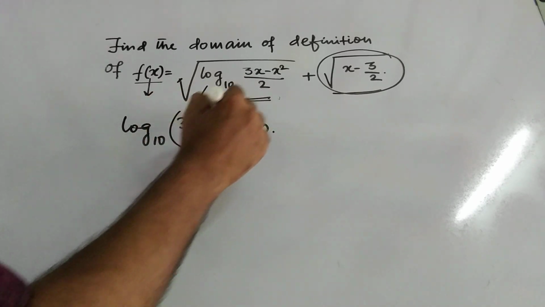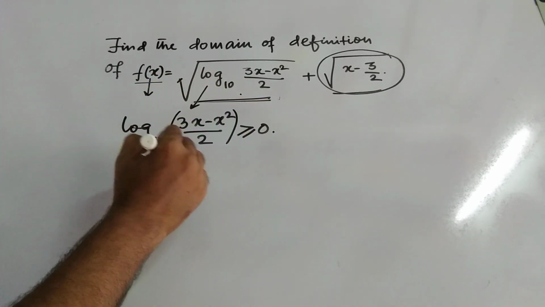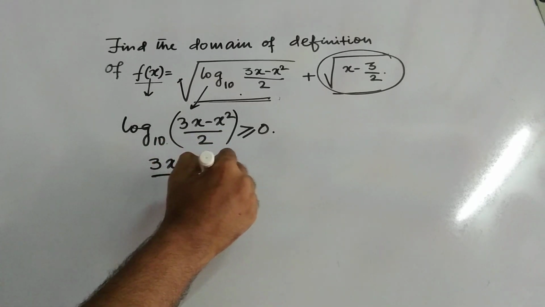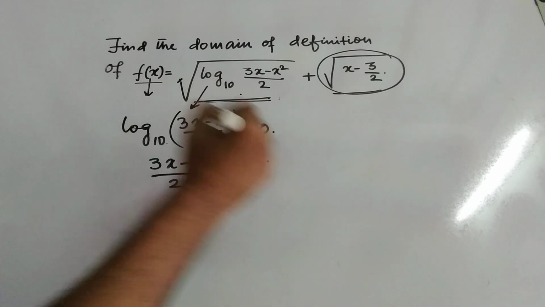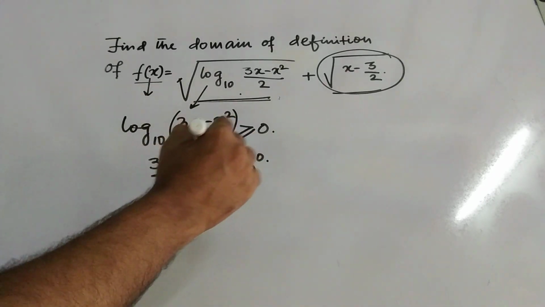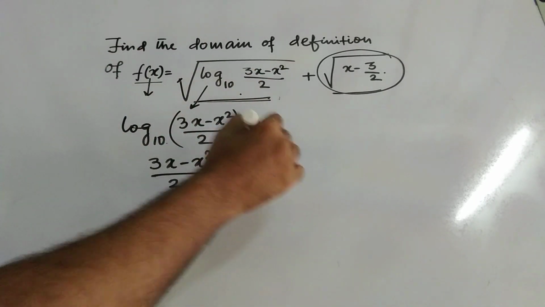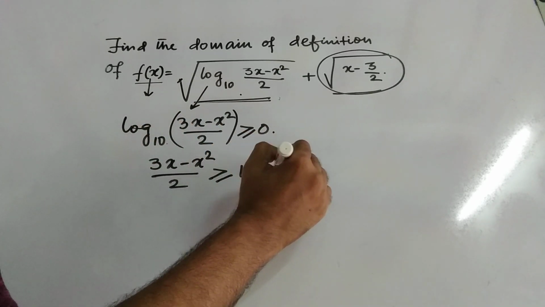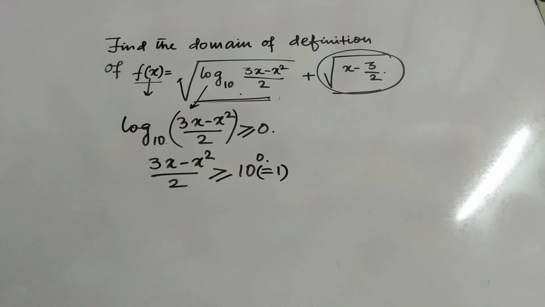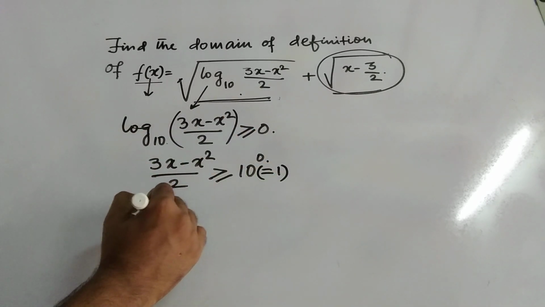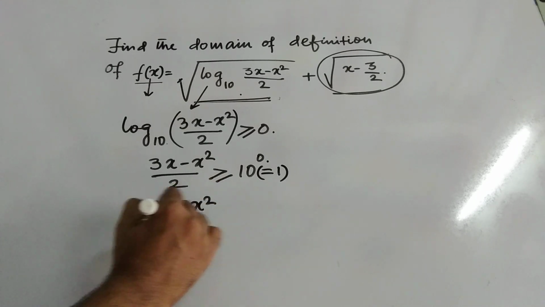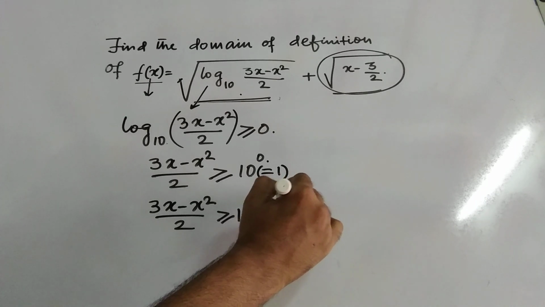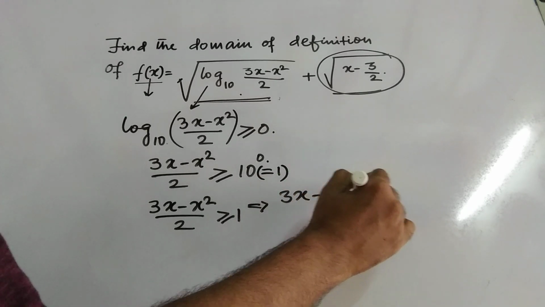Now we know that if we take log with base 10, that means (3x − x²)/2 will be greater than or equal to 10 to the power 0, because base to the power index will be the main function. That means 10 to the power 0 equals 1. We know anything to the power 0 is 1, which means (3x − x²)/2 is greater than or equal to 1, which implies that 3x − x² is greater than or equal to 2.